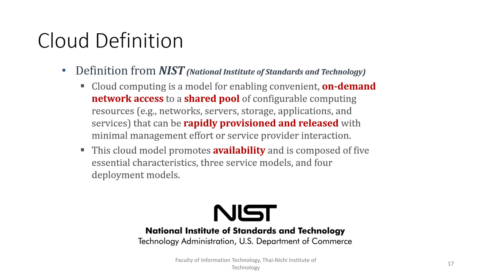They can be rapidly provisioned and released with minimal management effort or service provider interaction. So this cloud model promotes availability, and it's composed of five essential characteristics, three service models and four deployment models. So we are going to see about these characteristics, service models, and deployment models.